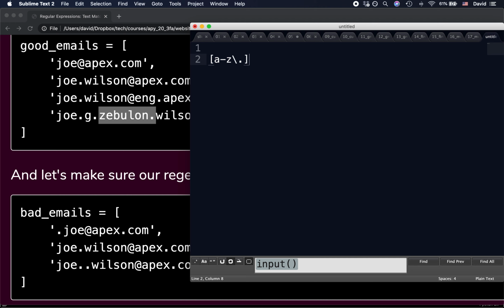I don't know if I need to backslash the dot in this character class. Do you recognize this is a character class? This, without it, would say, I'll match on any letter. With the dot in it, it'll say, I'll match on any letter or a dot. And the dot could be in front and it can be in back because this is a character class. A character class says any one of these. And then you could say at and then do the same thing.